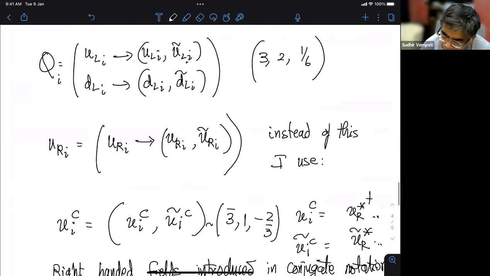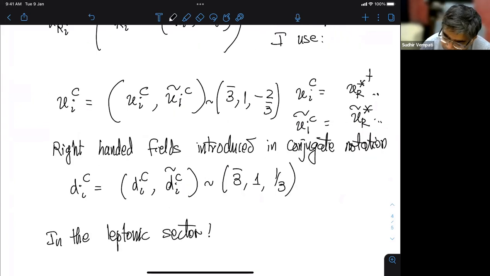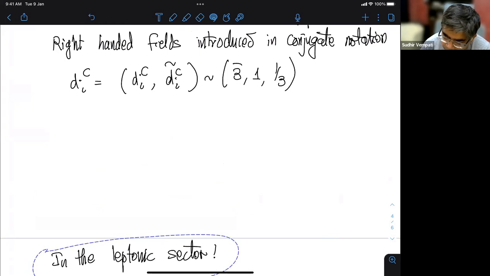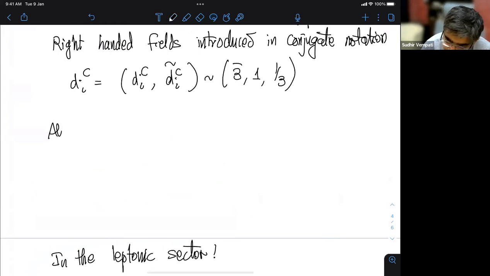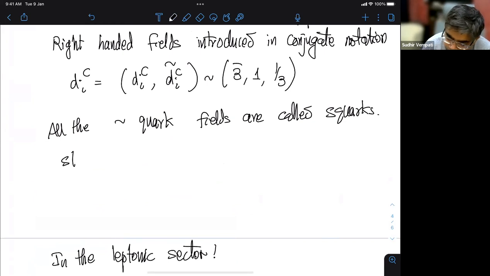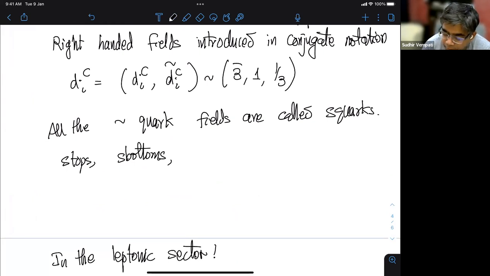So you have stops, sbottoms, both left-handed and right-handed.